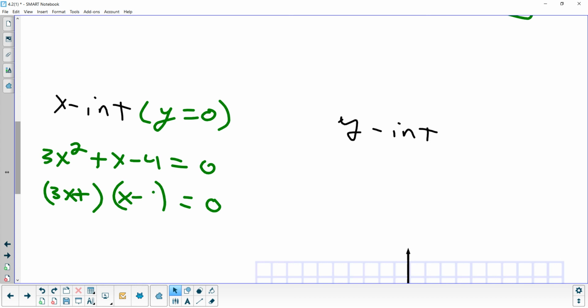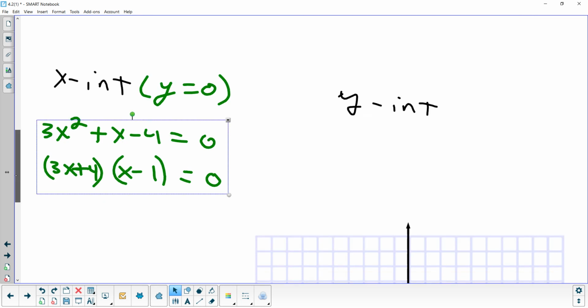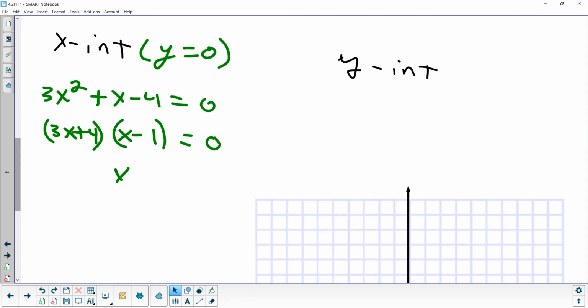I would try, in that order, let's see what happens. 3x squared minus 3x plus 4x. Perfect. Minus 3 plus 4. So when we solve this, x equals 1 is my intercept, and negative 4/3. So I cross the x-axis twice. 2 X intercepts.